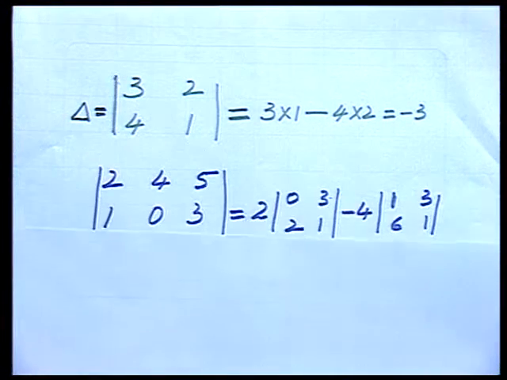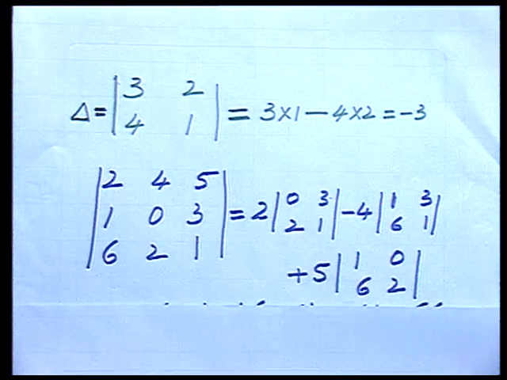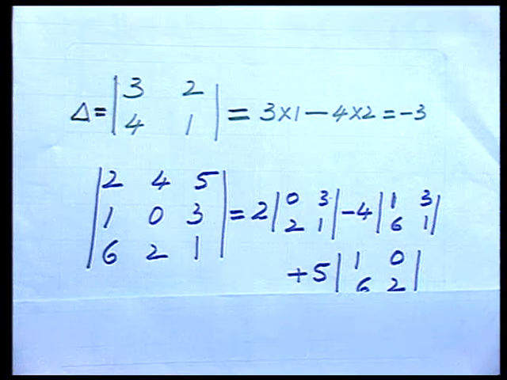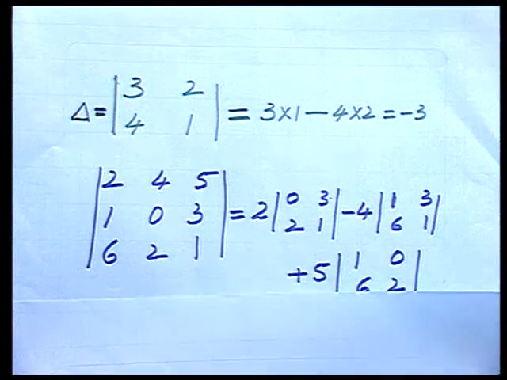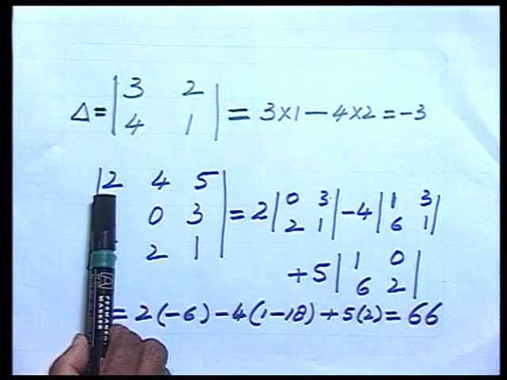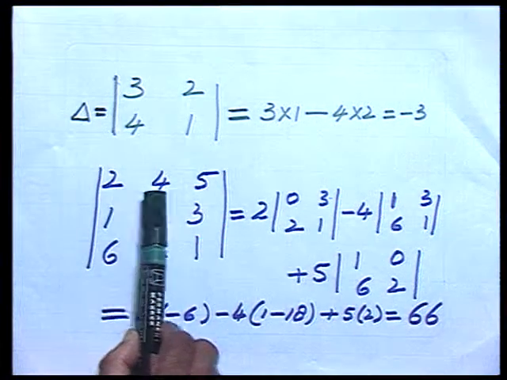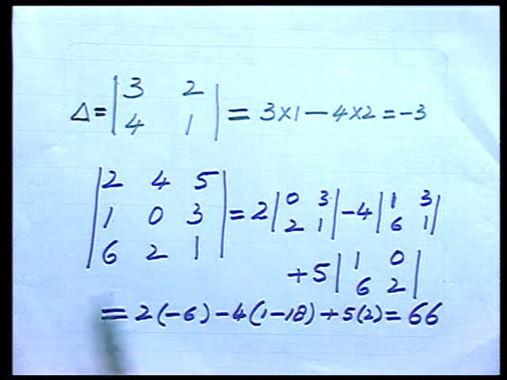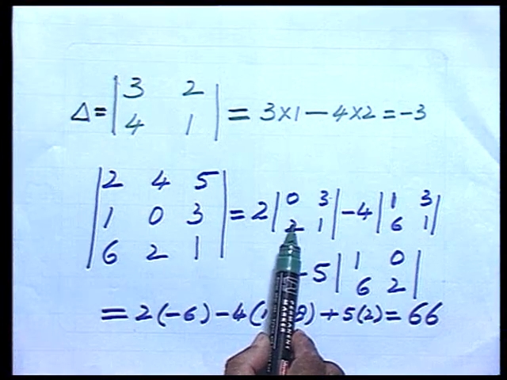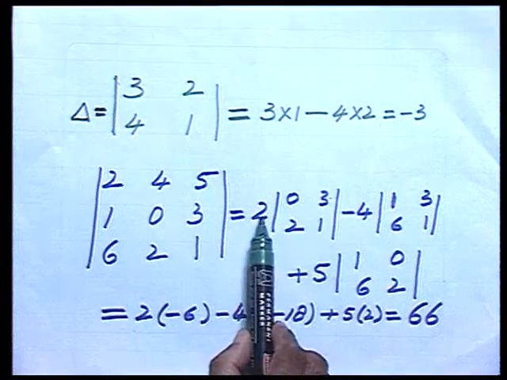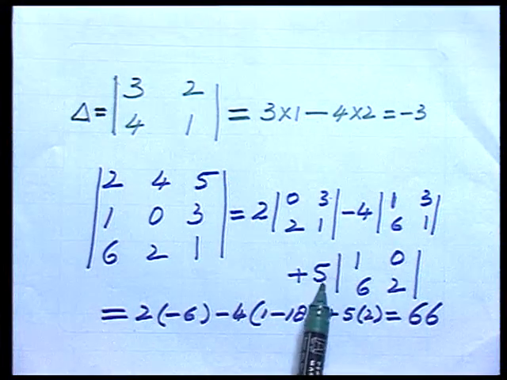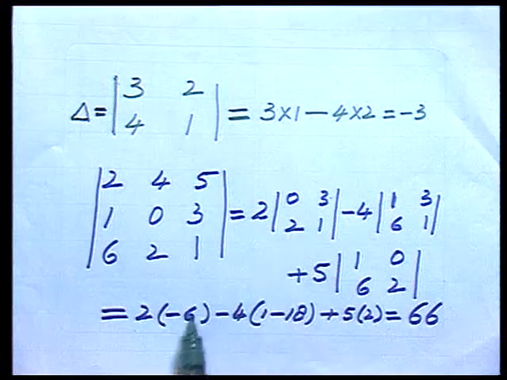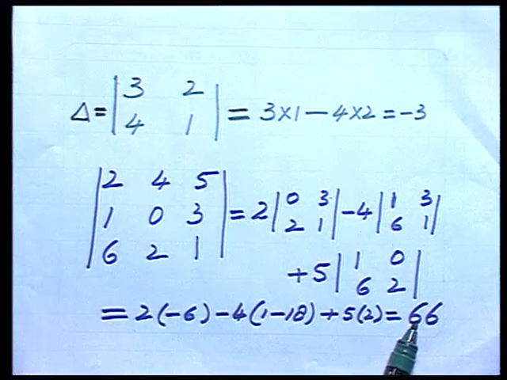In a determinant of order 3, we went on to expand like this, that is, we used the elements of the first row 2, 4, 5 and this is how we found the value. And every time we got a determinant of order 2 along with the elements of the first row, we ultimately could find the value of this determinant.